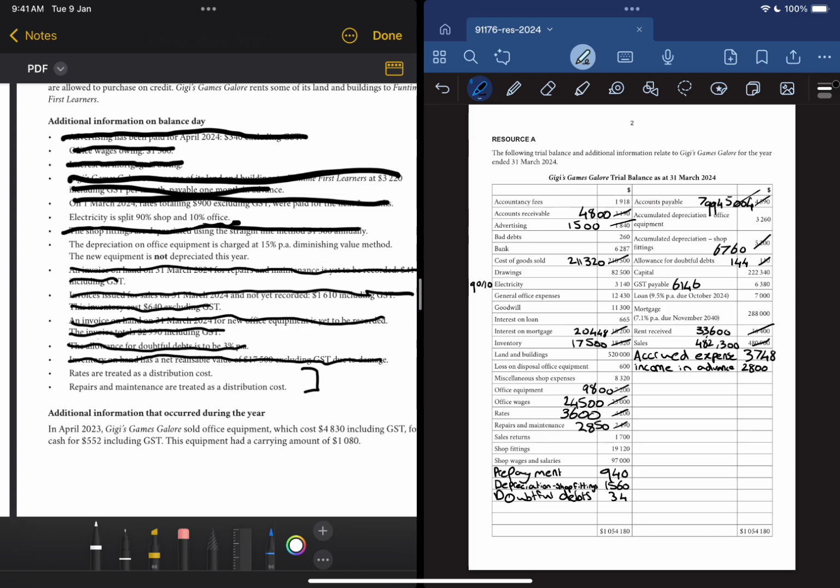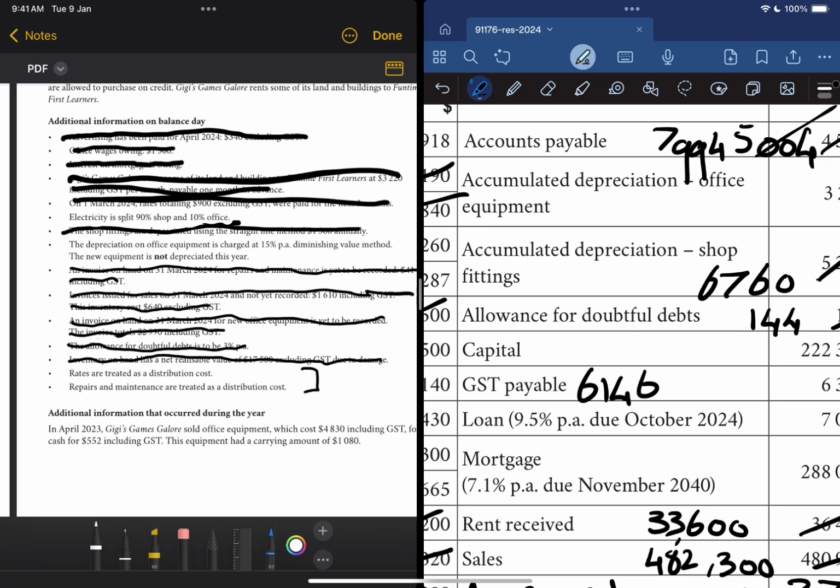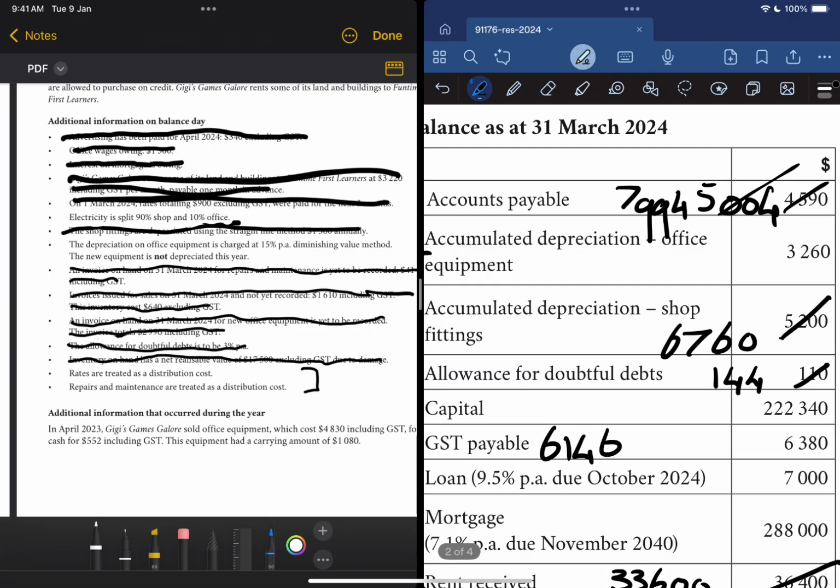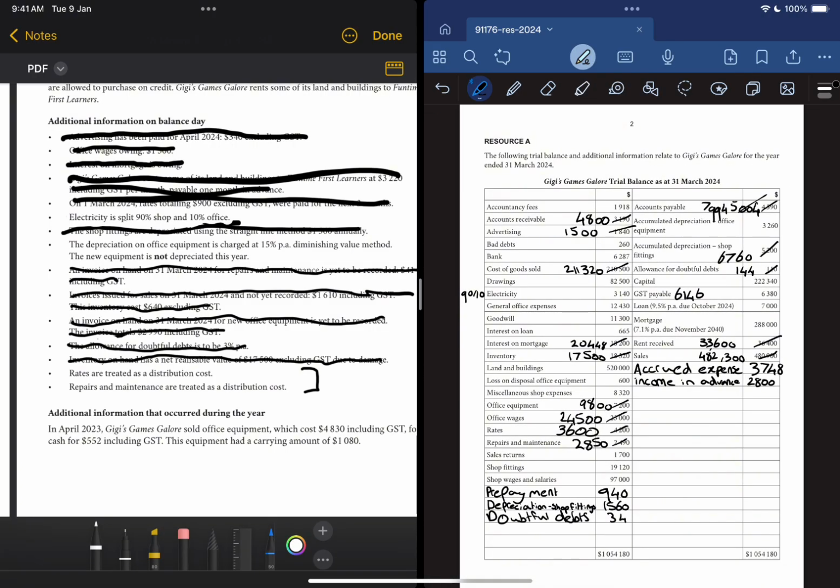So we're first going to find the carrying amount, okay, guys? The carrying amount is the value of the asset that we paid for it minus the accumulated depreciation, okay? So 7,200 minus the accumulated depreciation over here for office equipment, 3,260, and that is 3,940. So currently the carrying amount of the asset is 3,940.